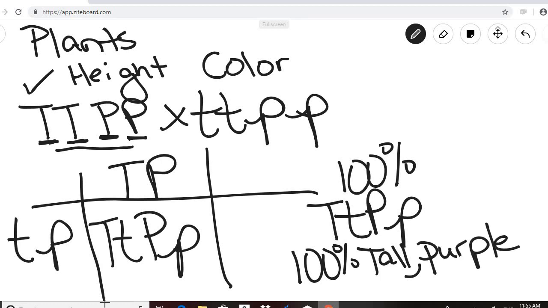Okay, tall plants with purple flowers. So that's an easy one where the combination of letters is pretty straightforward because within the two genotypes there's only one possibility.